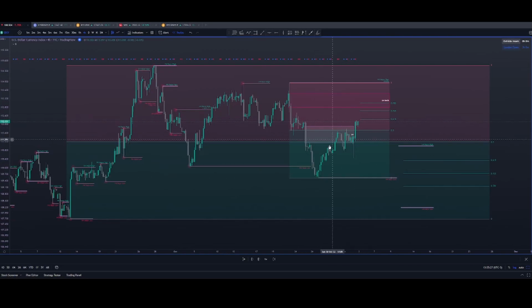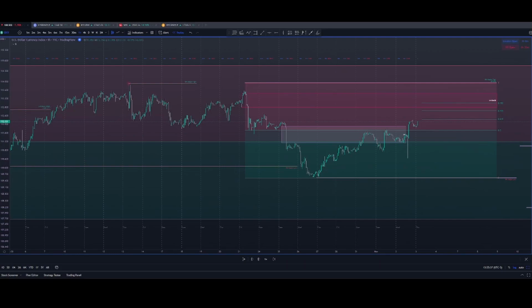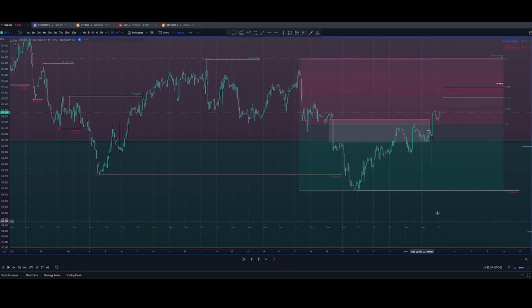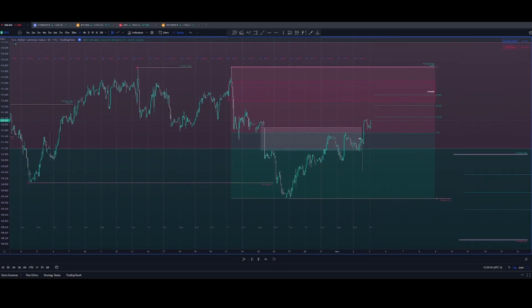So within here, I'd be looking at the H1 to see what the H1 does when it hits this H4 point of interest. So if I drop down to the H1, now this is probably going to give the game away a little bit, even though we're in replay, but I'll stick the H1 structure on anyway.